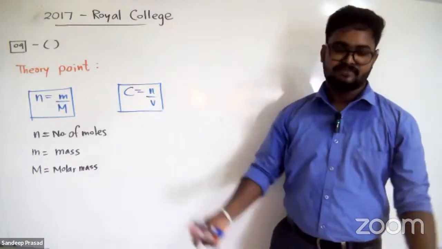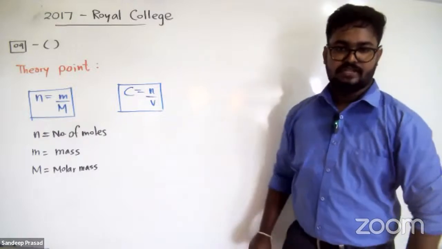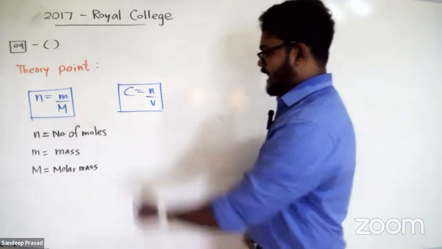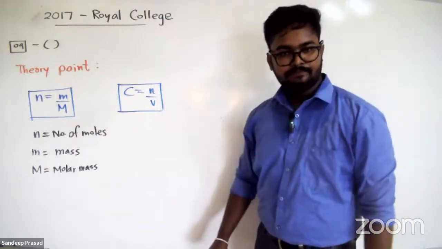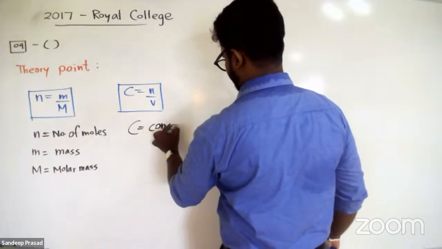Chemical calculation basic stuff is very easy, right? So this is one of the famous equations that we learn: n equals m over M. And the next one is C equals n over V. What does C mean? Remember, students, C means concentration.